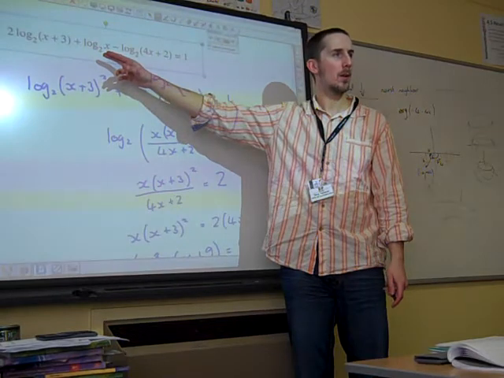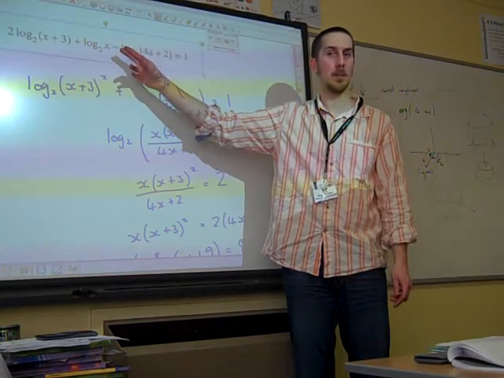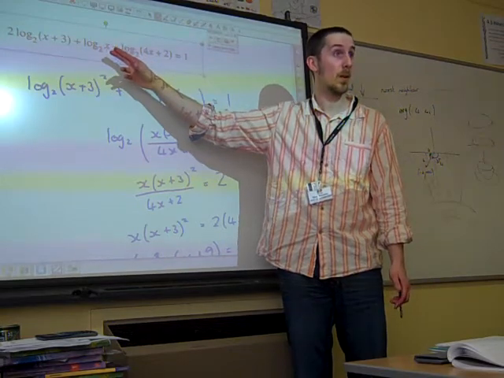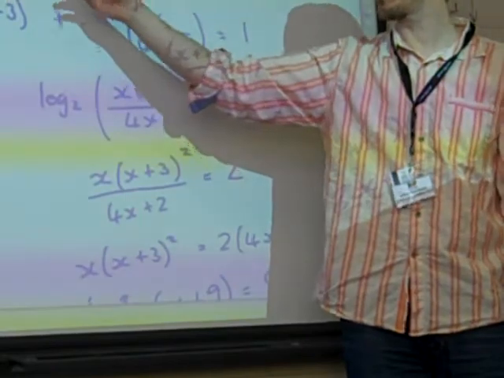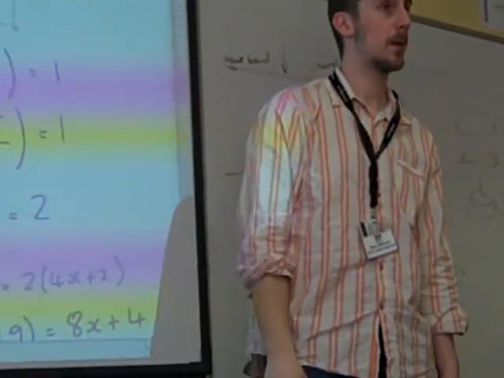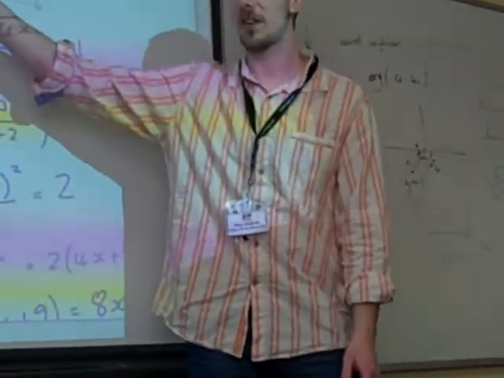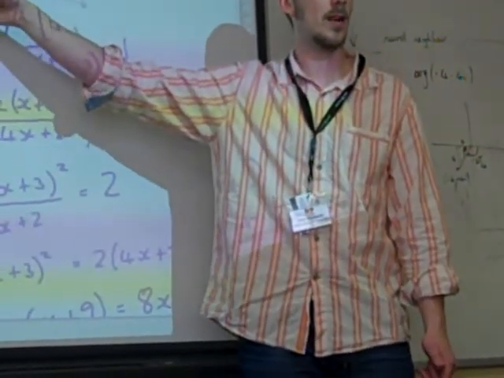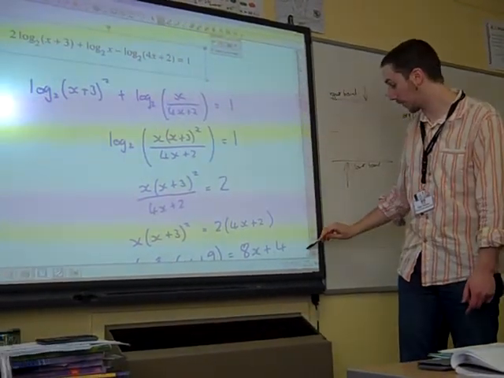What power would you need to raise 2 to get a minus number, like -4? Is there any power of 2 that gives you an answer of -4? No, you can't do it. So x in this equation has to be positive.